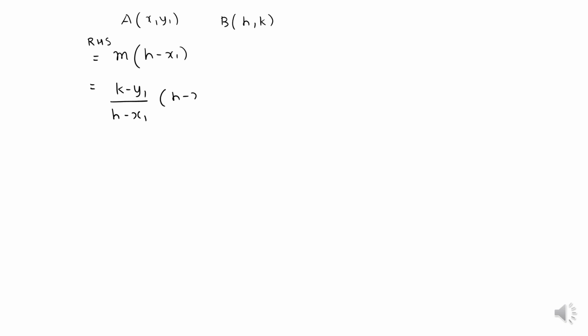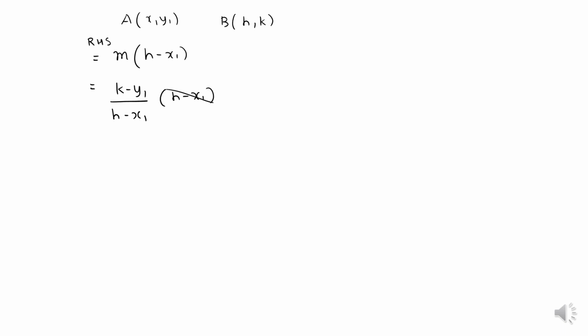Just a moment. I'll just write again. I was starting with the RHS, m times (h minus x1). What was A? A was given as (x1, y1). B was given as (h, k). So I started with the RHS. So what is m? (y2 minus y1) upon (x2 minus x1), into (h minus x1).